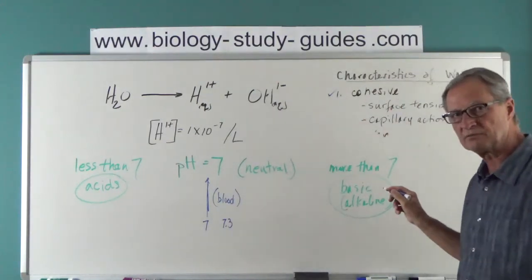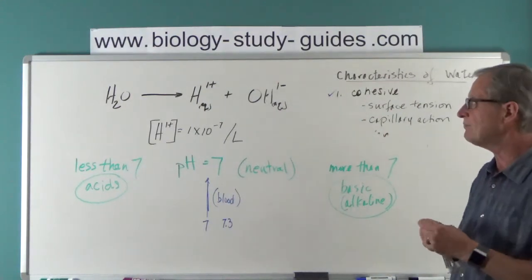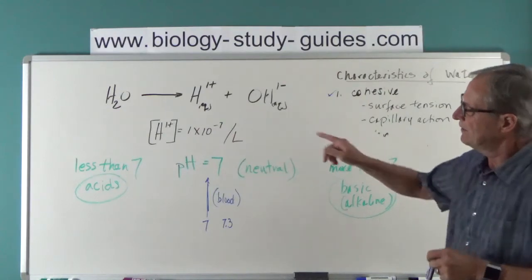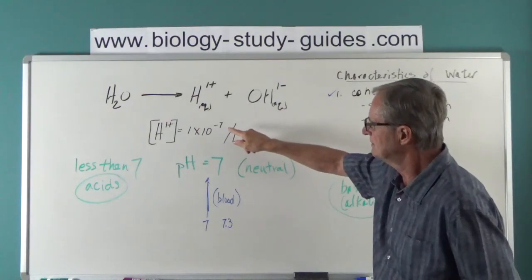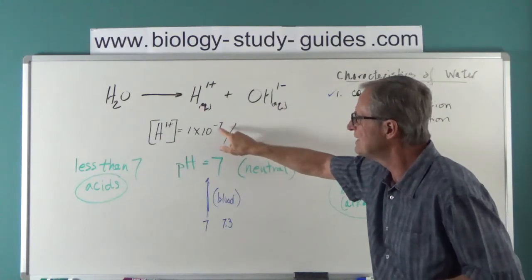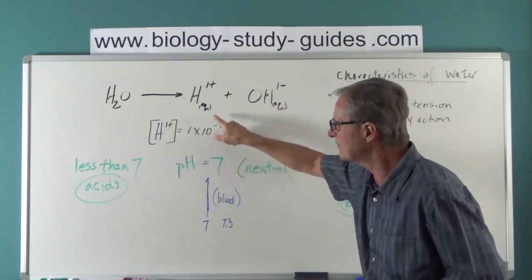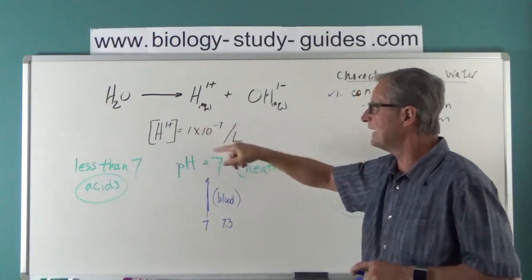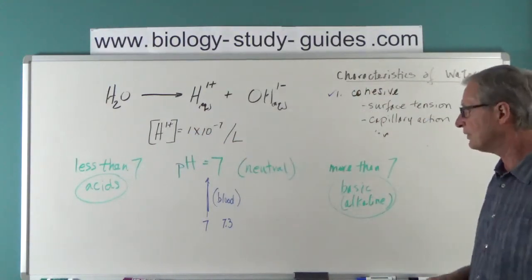Blood's basic. Just a little bit basic. But what it means is that there's more than this number, 1 times 10 to the negative 7 hydrogen ions in a liter of blood.